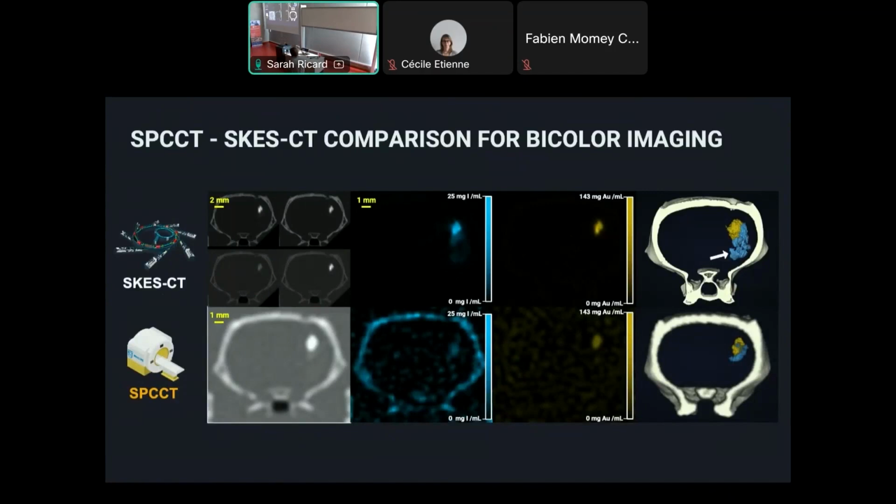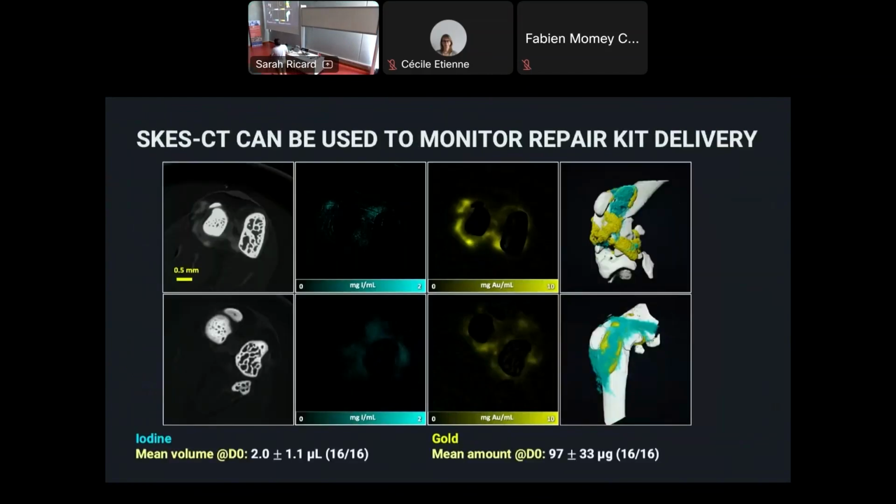What is interesting is that the clinical CT for gold is as precise as the synchrotron, with the same spectral resolution and the same contrast. While for the iodine, it's a bit trickier, and you miss some of the structure because the spectral CT was not sensitive enough. But we can do such a thing also.